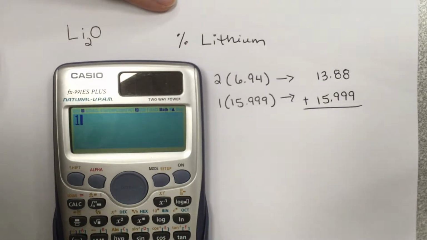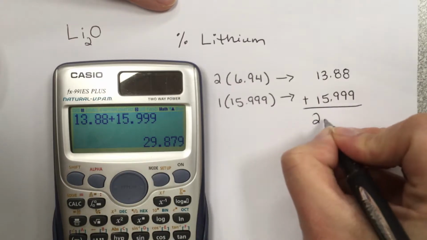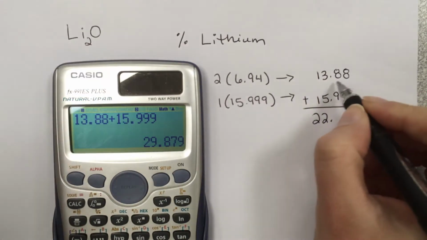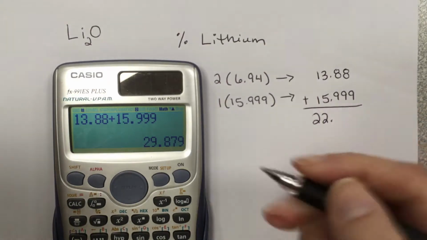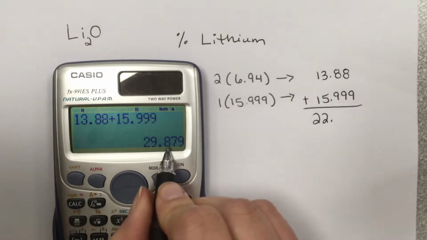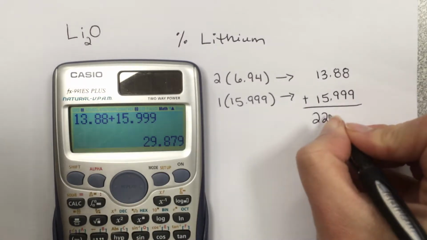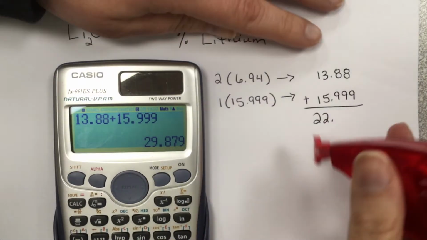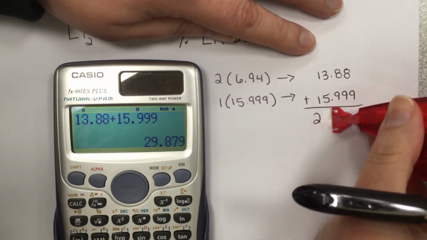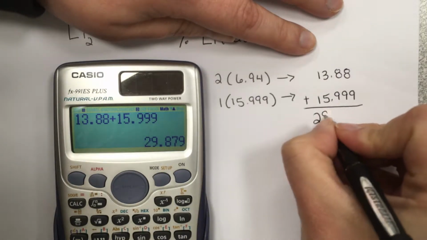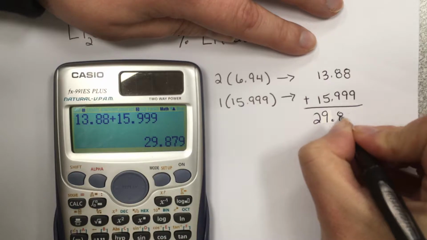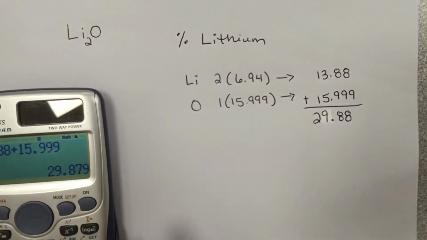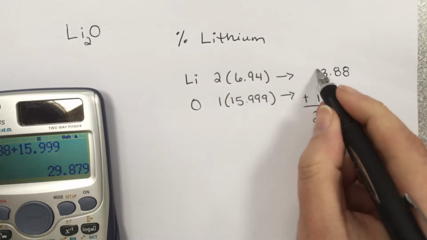So 13.88 plus 15.999, 29.88. Since I only have 2 decimal places here, we're going to go ahead and follow our rules. Why did I put 22? .88.